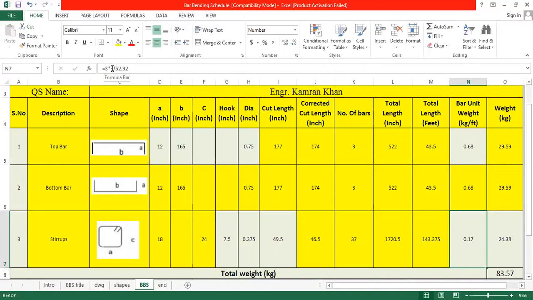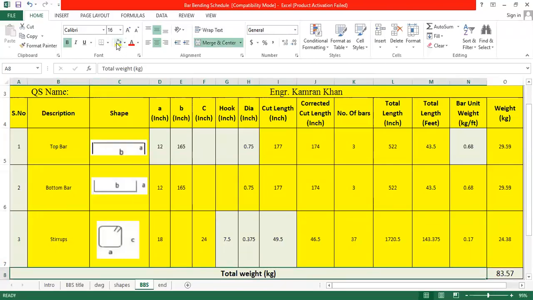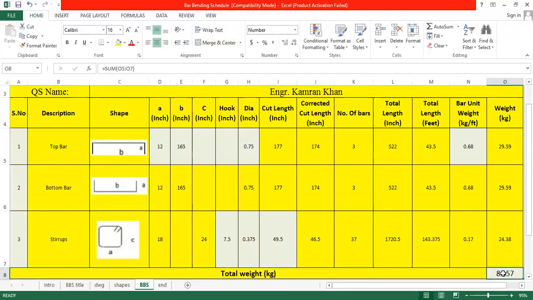It is bar number 3, so 3 squared is equal to 9 divided by 52.92. The bar unit weight for the number 3 bar is 0.17 kilogram per foot. The weight of the stirrups will again be the total length multiplied by the bar unit weight, which is equal to 24.38. Now the total weight of reinforcement is the summation of top bars, bottom bars, and the stirrups, and it is equal to 83.57.